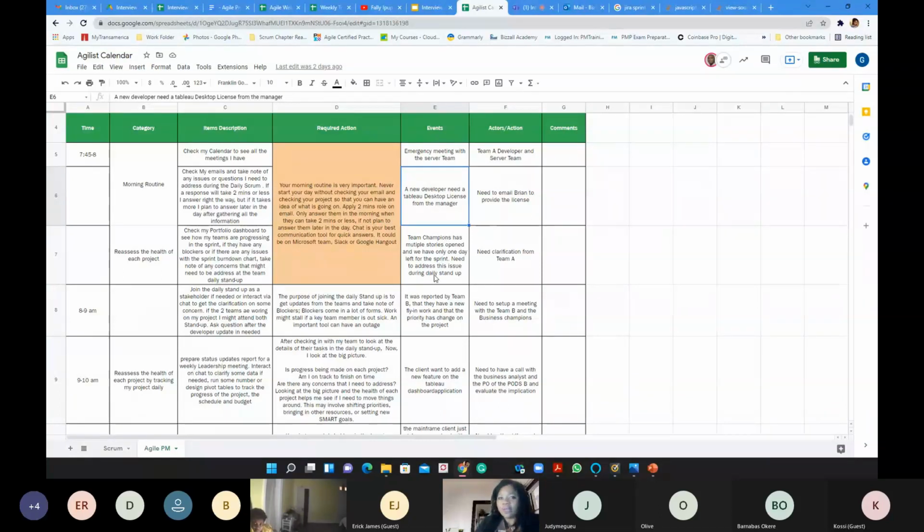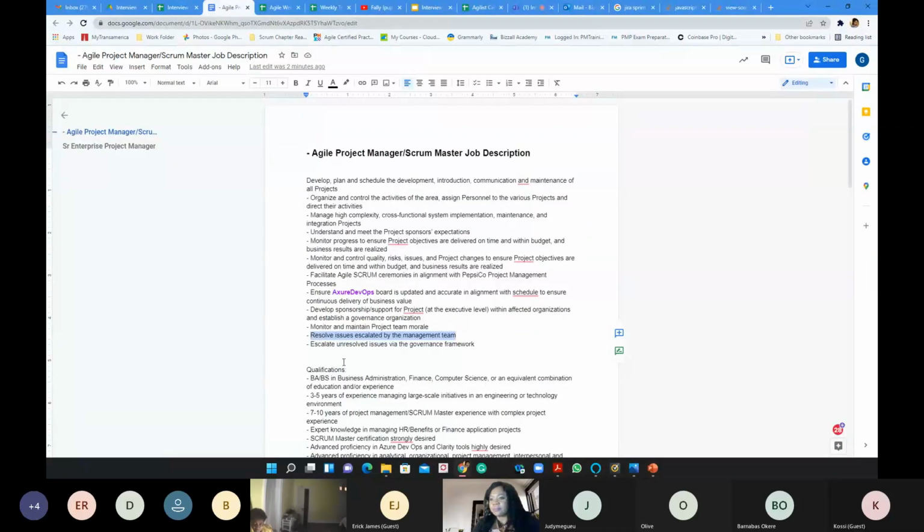So those are the impediments, those are the issues that you want to resolve. And you escalate the ones that you cannot resolve to the highest level. It could be like the server.